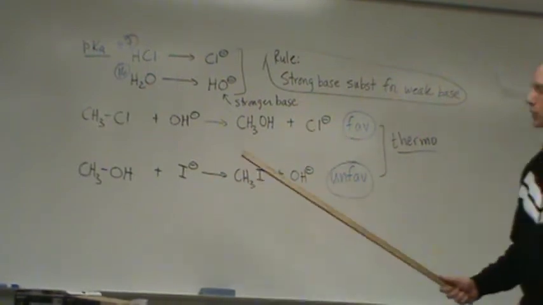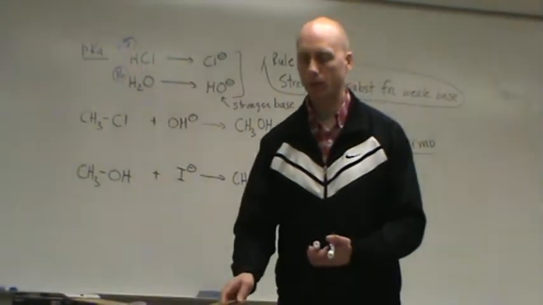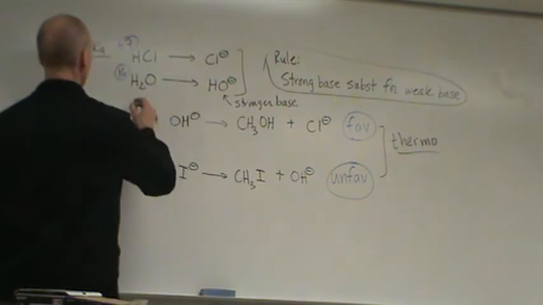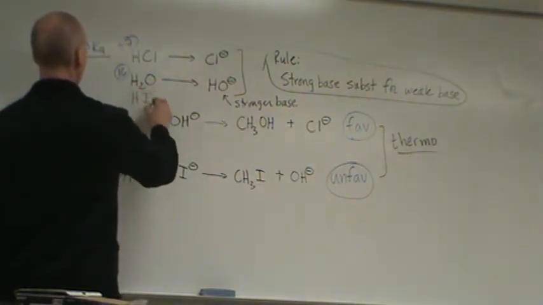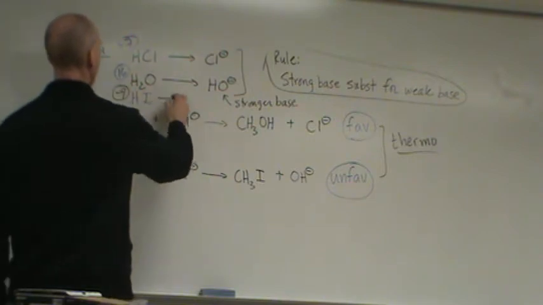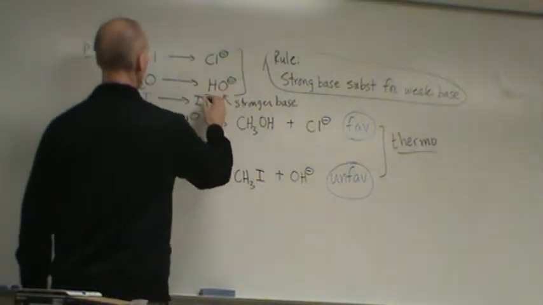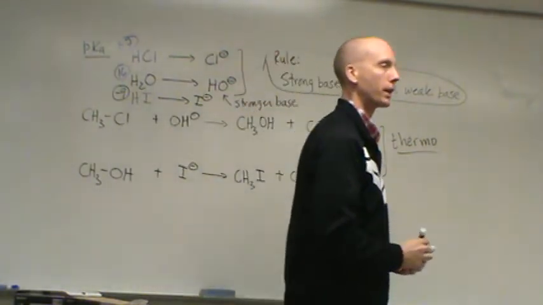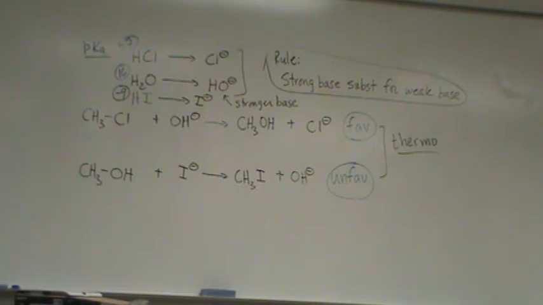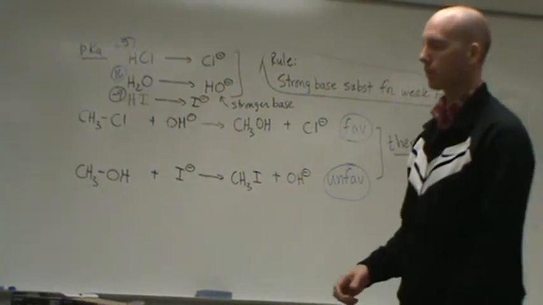What about the bottom one? Here we have iodide. HI has a pKa of about -9, so I minus would be what kind of base? A very weak base. So will the bottom reaction work? No. Bad.